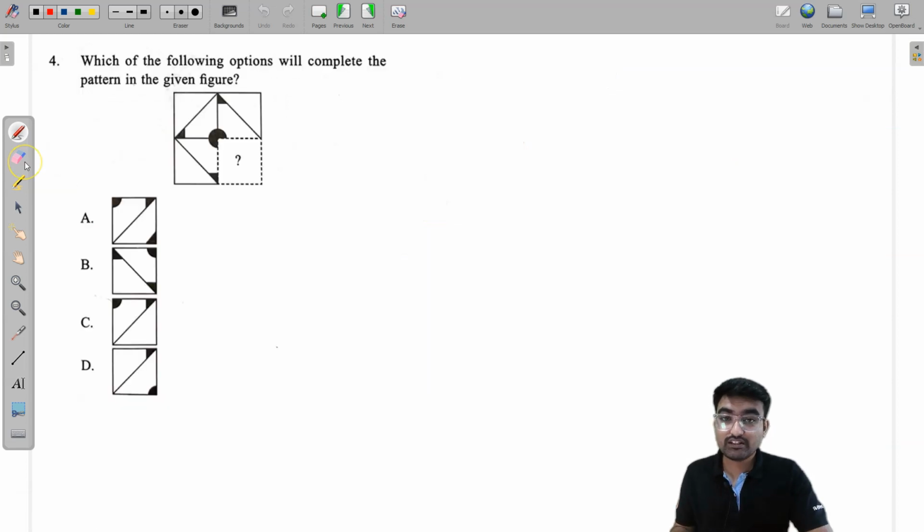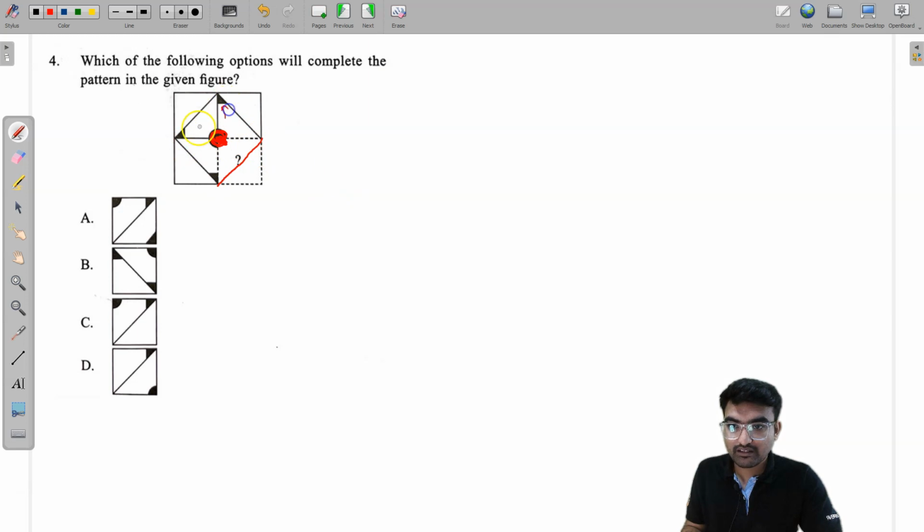Now next question, question number 4. Which of the following options will complete the pattern in the given figure? Just observe, there is a circle going to complete here, and this is the square. Also, if you look at this pattern, it is on alternate sides, so the next will be here.